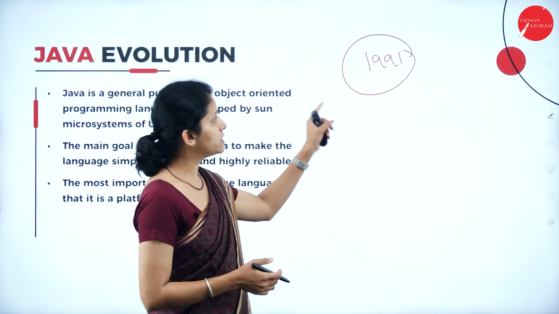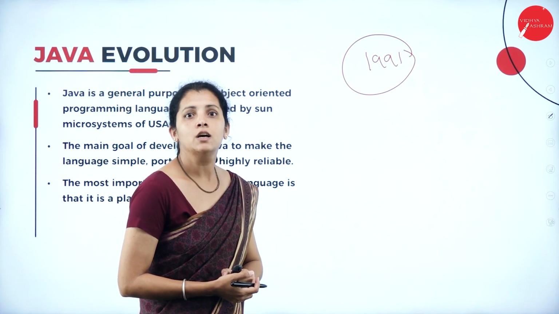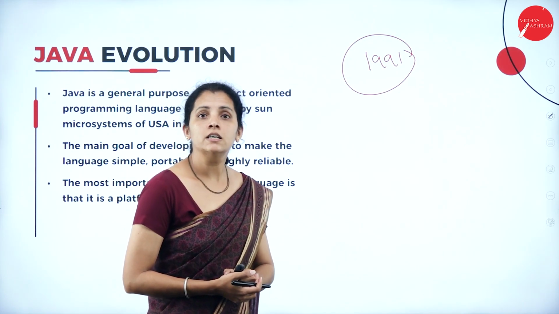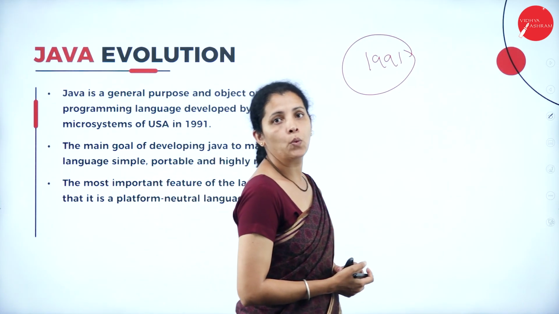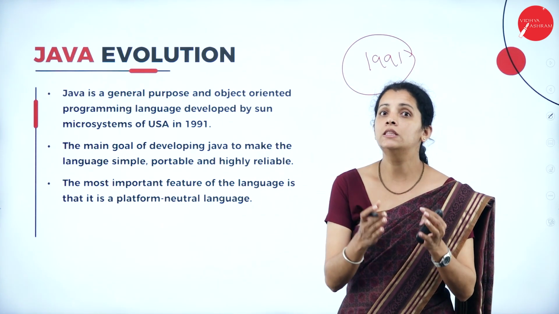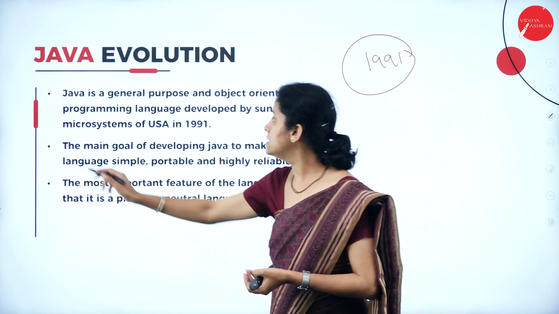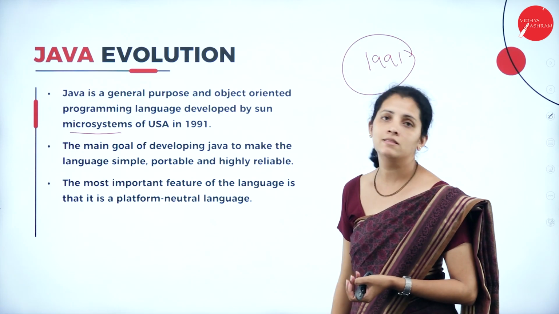So who is the author of Java? That is none other than James Gosling in the year 1991. And where he introduced this Java programming language, that is Sun Microsystems.